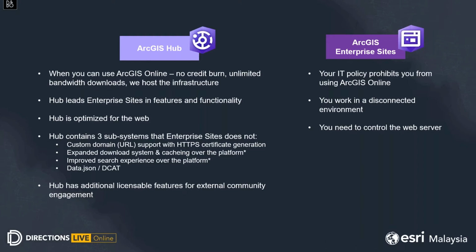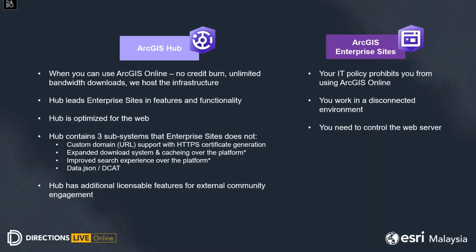What are they? The first one is that it can support multiple custom domains in Hub applications. Second, an expanded download system and caching platform, which means we can have more data formats available on top of your data services, even with the data sources. The third one is that the search experience is also improved in ArcGIS Hub.